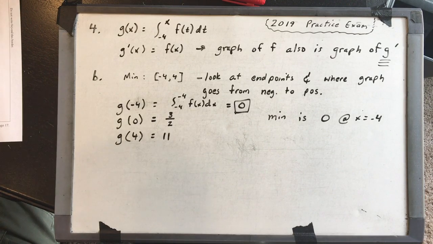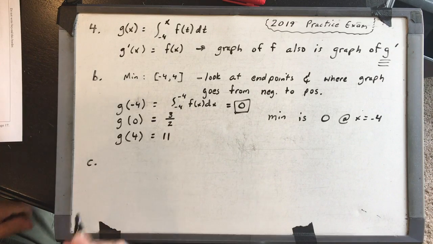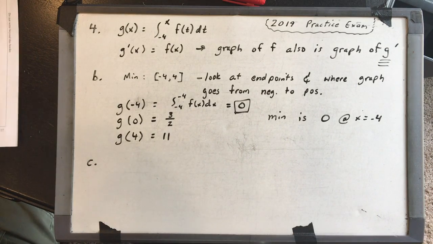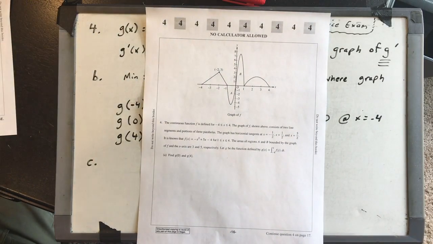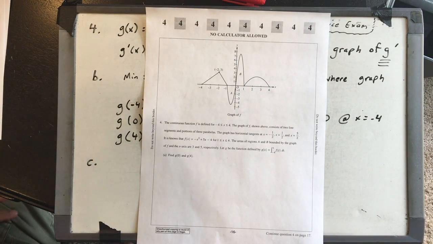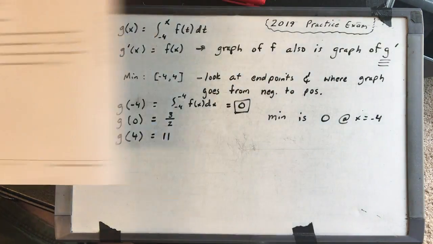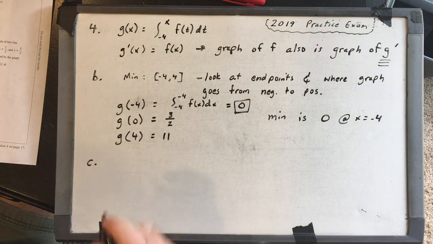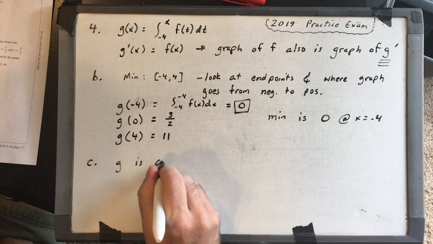Okay, let's take a look at part C. I think I can fit this on this paper. So part C says, again, we're referring to this graph here. Part C says, find the intervals in which G is concave down. Give a reason. Okay, so our reason is that G is concave down.